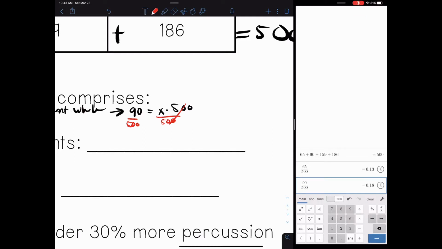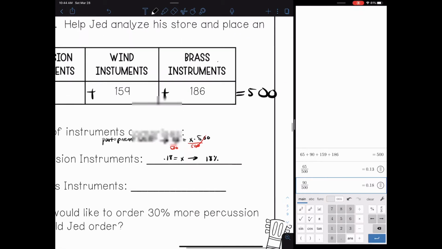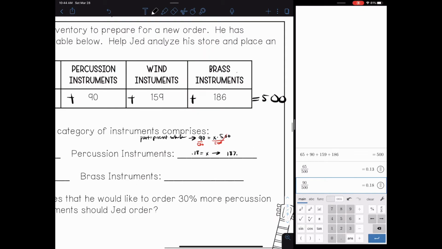So on the right side, 500x divided by 500 is x. 90 divided by 500 is 0.18. But this needs to be written as a percentage, so it's 18%. All right, so that's percussion instruments.